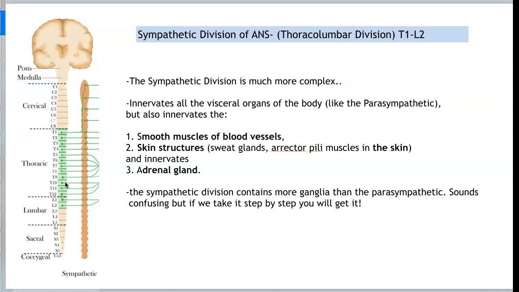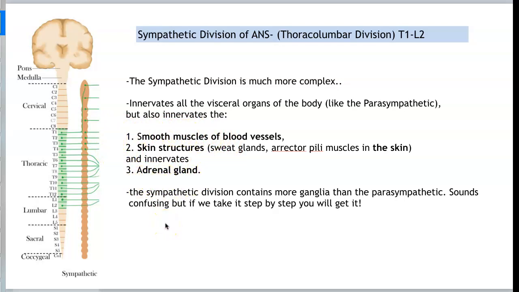It innervates all the visceral organs of the body like the parasympathetic, all the ventral body cavity organs, the pupils of the eye, and the salivary glands, but it also innervates the smooth muscles of peripheral blood vessels, and we're talking about basically arteries with their huge tunica media, the skin structures, sweat glands, erector pili muscles in the skin, and of course the blood vessels of the skin, and it goes to the adrenal gland. These structures the parasympathetic does not go to.